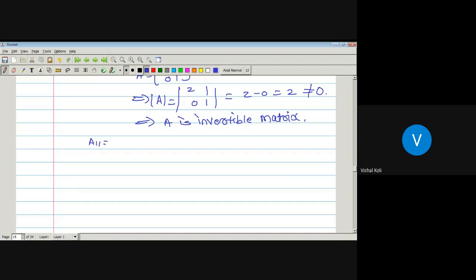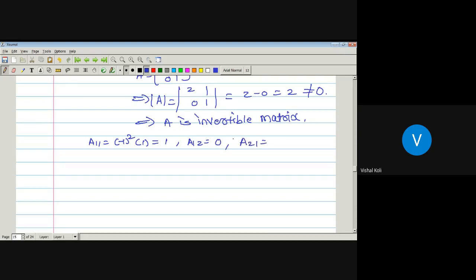Therefore A11 is equal to minus 1 to the power 1 plus 1 into its minor, which is 1, so A11 equals 1. A12 is equal to minus 1 to the power 1 plus 2, which is minus 1, into 0, which is 0.